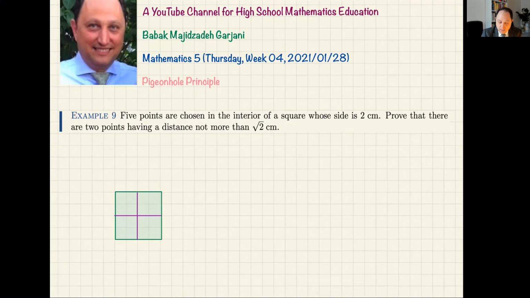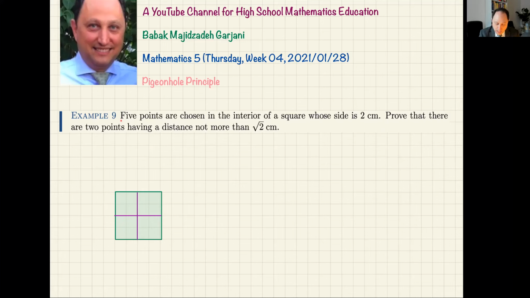Okay, so you see, this is somehow a hint in the problem itself. I'm not saying that this is always the case, but when you have 5 points, and you understand that these 5 points are going to play the role of the pigeons, then if you want to use the pigeonhole principle, you need to have at most 4 pigeonholes. And usually in most of these problems, they differ exactly by 1.